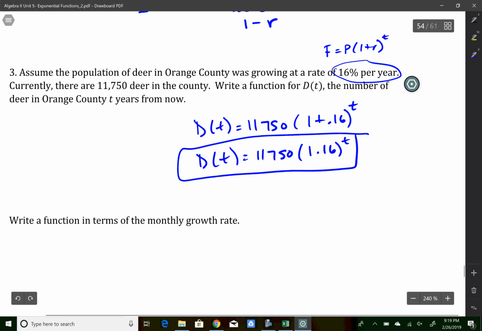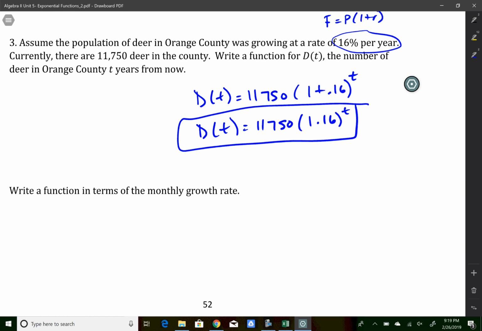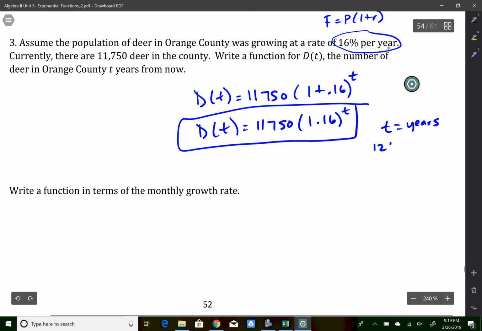Now it says write this function in terms of the monthly growth rate. Well, if t represents years, and I want to write that as months, I need to take the number of years and make it so that I can represent that as months. So if t is years, I could say 12 times t is equal to months.